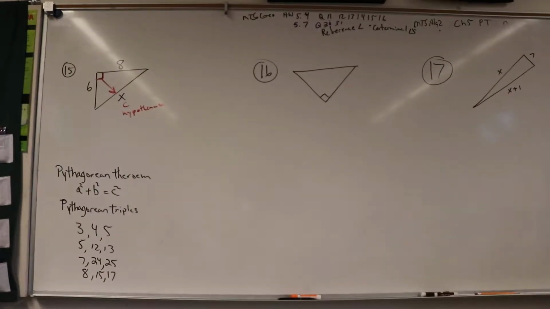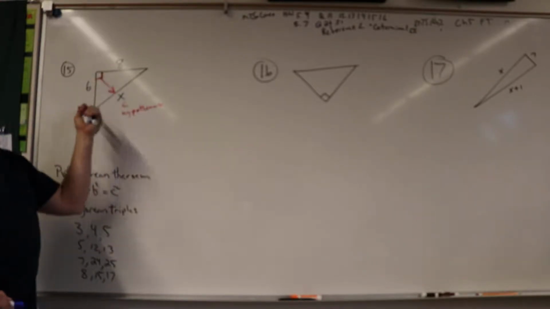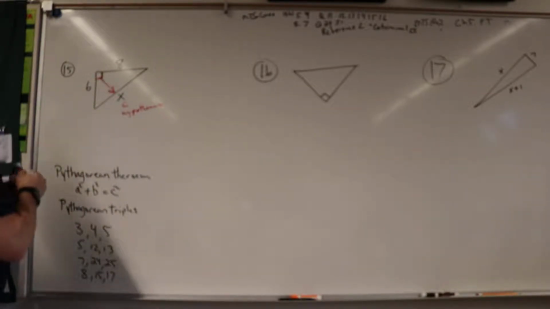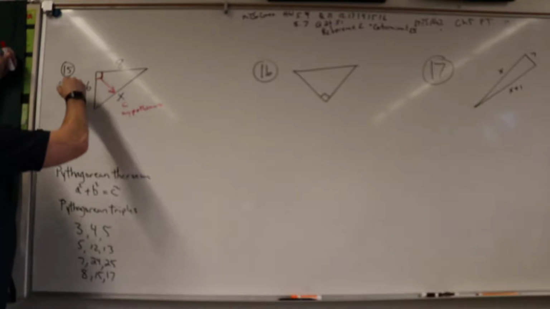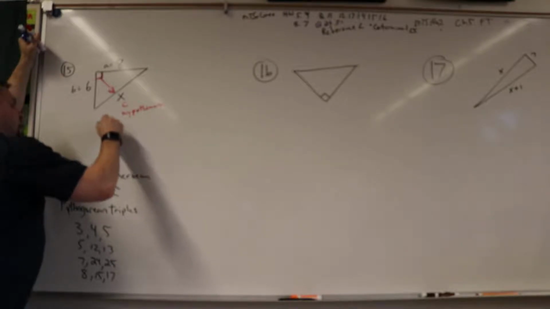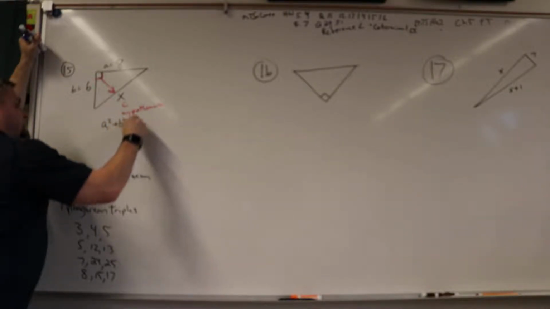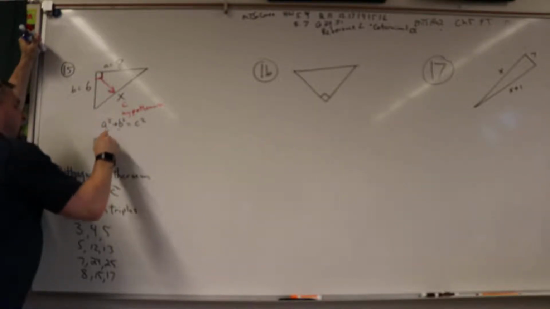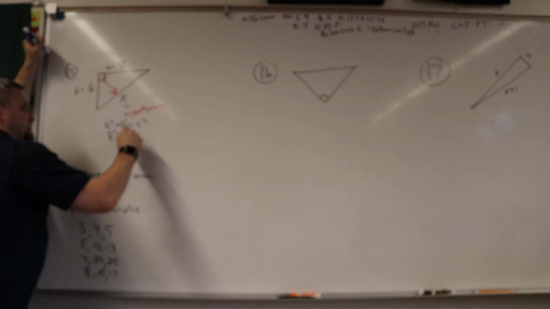So we're going to set things up so that it doesn't matter which one's A or B. I'll let the B be the 6 and the A be the 8. So if it's A squared plus B squared equals C squared, you have 8 squared plus 6 squared equals C squared.